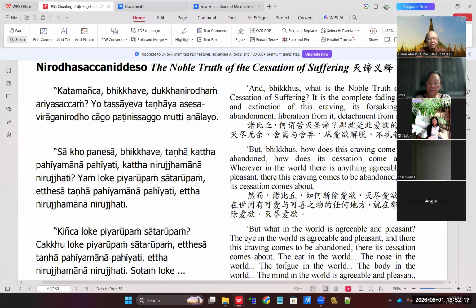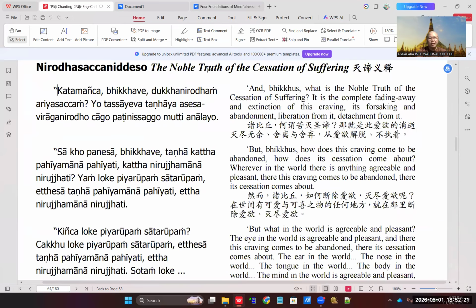Okay, so after that we go to the next one, the cessation of suffering. And the Pali is actually the same. Katamancha bhikkhave dukkha nirodha arya saccam. Tassaye va tanhaya, of the craving. Asesa means complete. Viraga, cessation. Nirodha means cease also. Chago, forsaking.